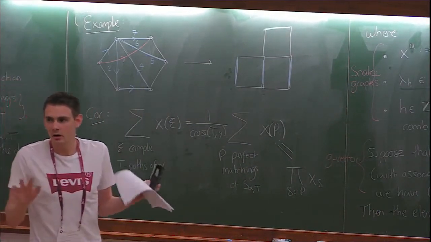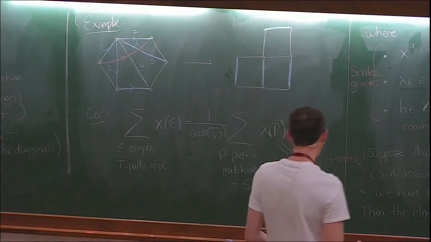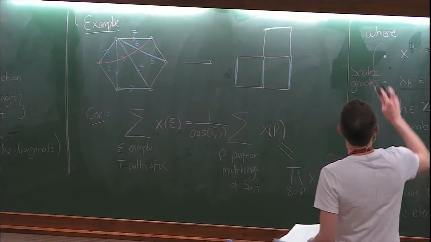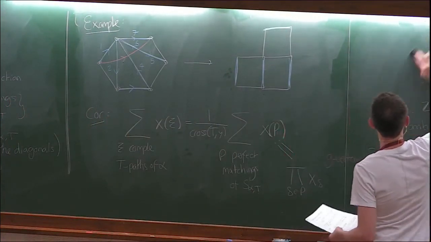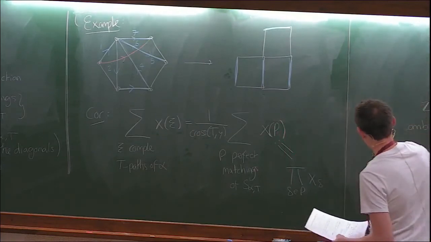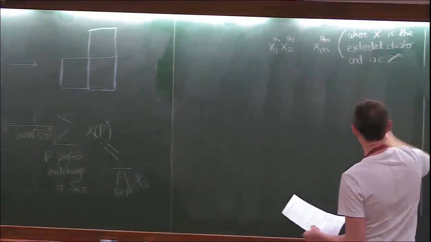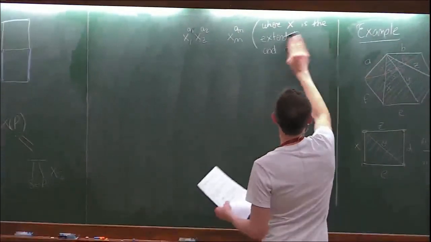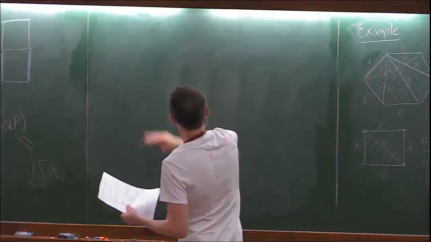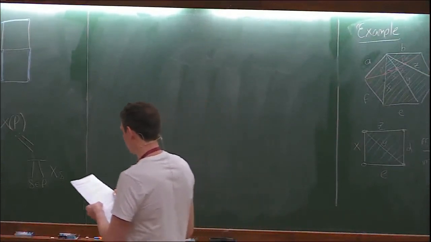But there's a slightly quicker way, which just requires you to, in some sense, just draw the t-path on your snake graph rather than quotienting down to the actual surface itself.